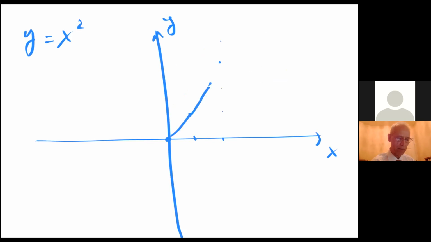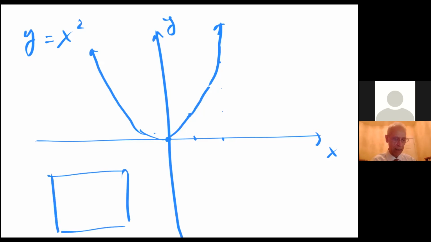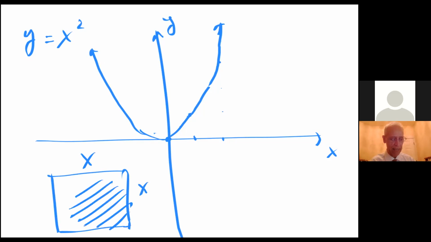So you have a shape like this, and it goes like that on the other side. Although you see the y as the height of your graph, geometrically, if this is x and this is x, the height of that graph represents the area of this tile, of this square with the side x.